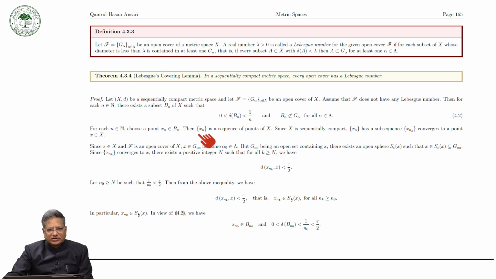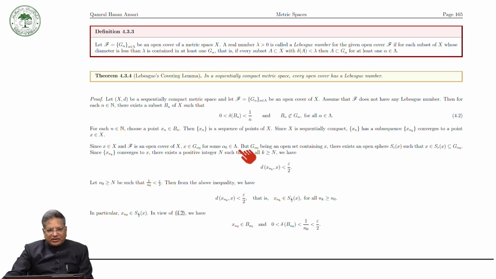So this sequence xn has a convergent subsequence xn_k that converges to a point x in X. Now since x is in X and F is an open cover of X, the point x must lie in some open set, say G alpha naught.